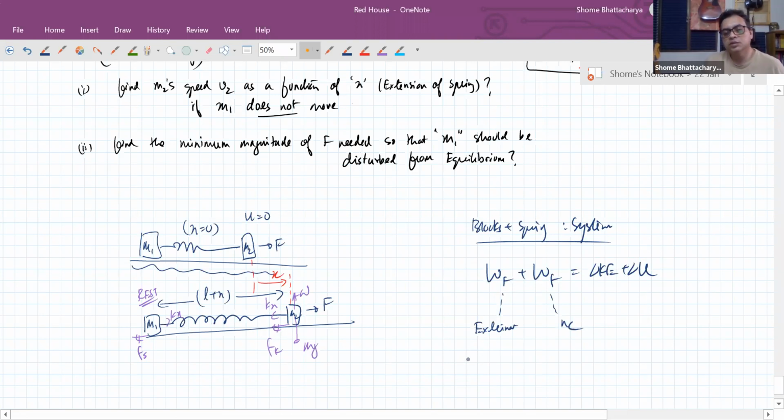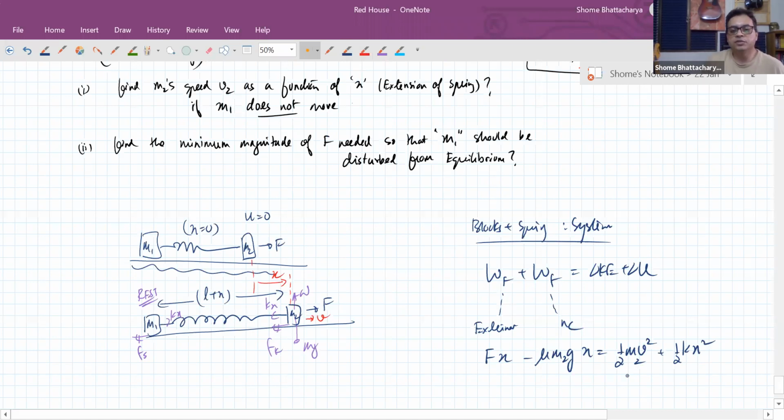So here, this will be Fx minus mu m2 g x equal to half m2 v square plus half k x square, because by now the block has developed a speed v.